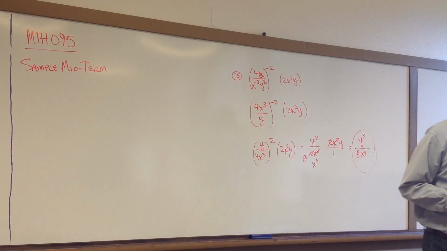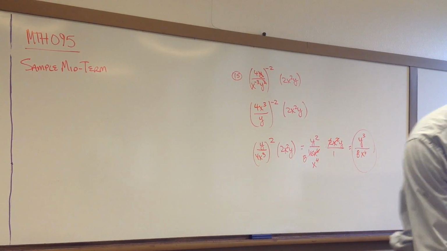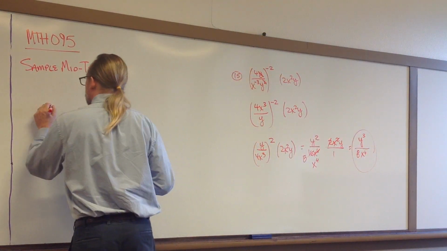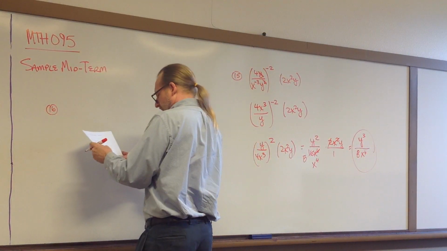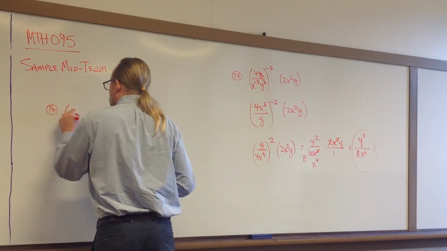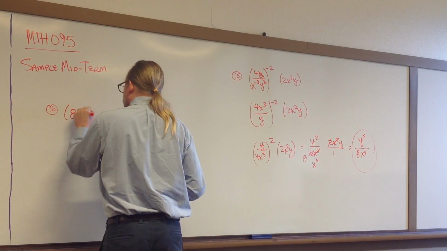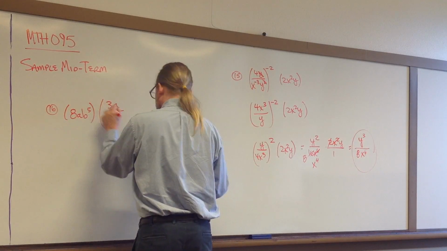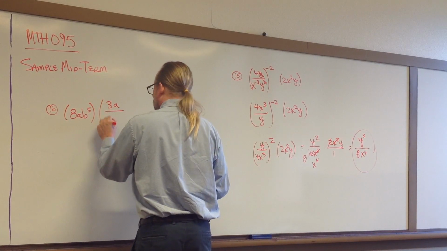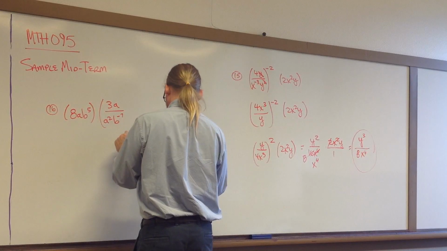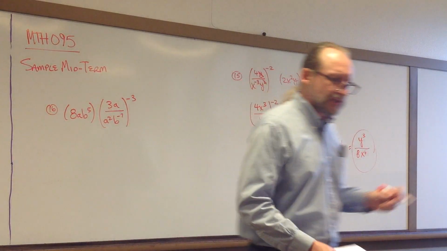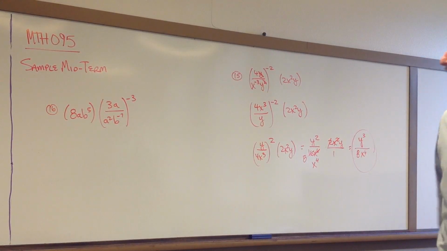Let's see if we've got enough room here to do problem 16. If not, I'll just erase that, push it out of the way. Okay, so 8AB to the 5th, and then 3A over A squared B to the minus 7th to the negative 3rd power. Now, this is actually very similar to problem 15, right?